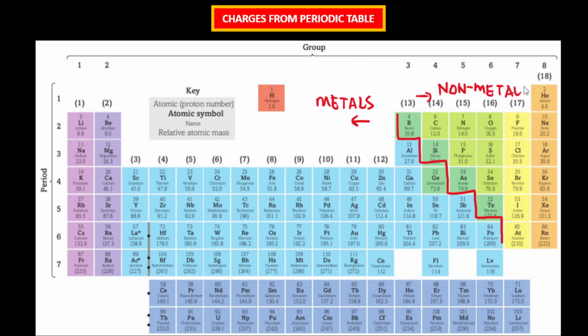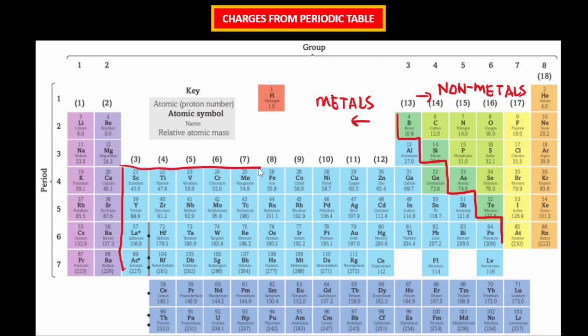Now, in metals, what you should know is group 1 and group 2, as written here. So these are metals, and group 3.